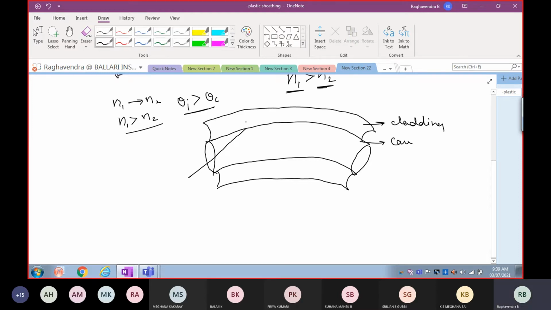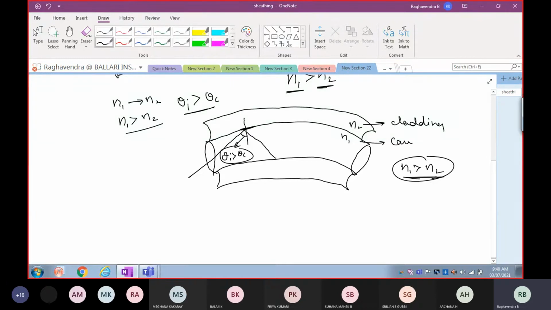You see here, when it is incident on this interface between the core and cladding, the angle of incidence is greater than the critical angle, and also the refractive index of core N1 is greater than the refractive index of cladding N2. So here both the conditions are satisfied. N1 is greater than N2 and theta is greater than theta C.